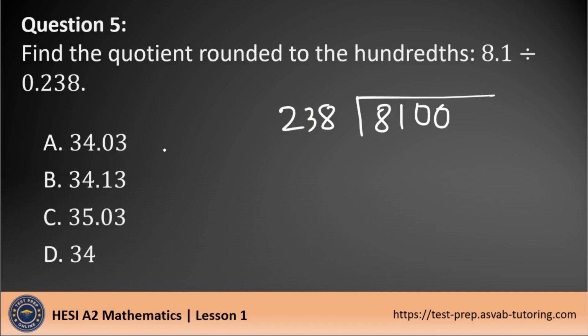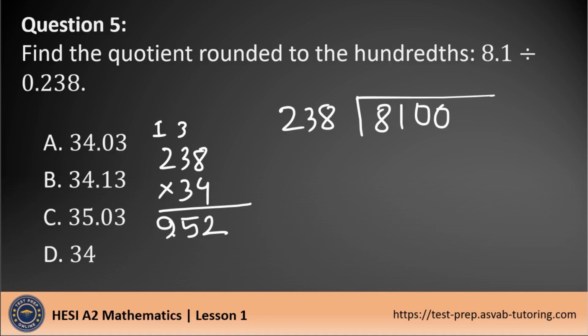So we need to multiply 238 by 34. So 8 times 4 equals 32. Here 2 comes and 3 is a carry for the next digit, and 4 times 3 equals 12 plus 3 equals 15. Here 5 comes and 1 is a carry for the next digit. So here 4 times 2 equals 8 plus 1 equals 9.